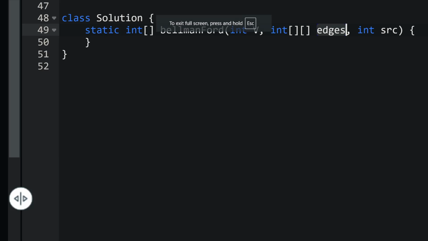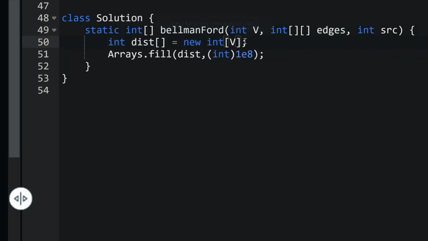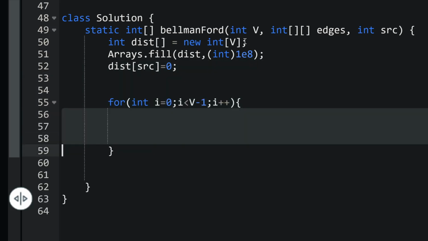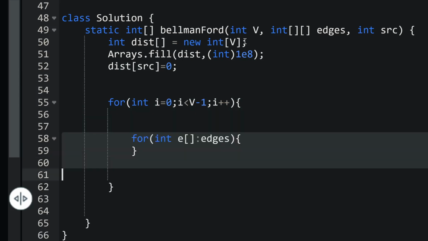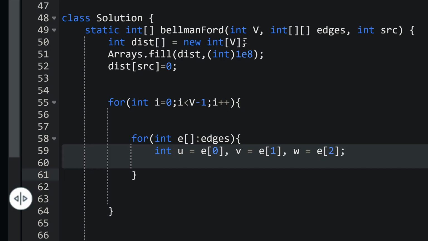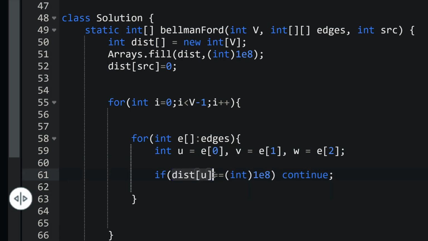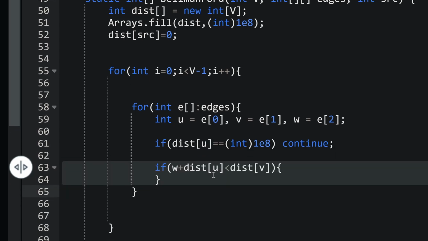So let me show you the code, then you will have a clear understanding. We have distance. First we will fill it with the infinity value, then for the starting node we'll just initialize. For v minus 1 times we have to iterate over the edges list. Then we have an edge from u to v with weight. If we have not reached u yet, we will just continue.